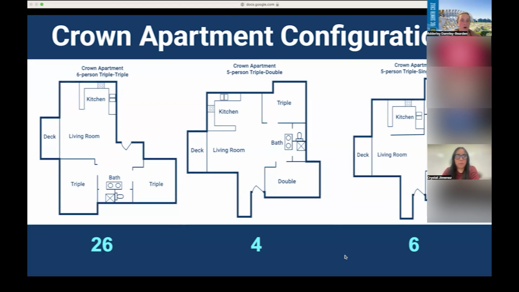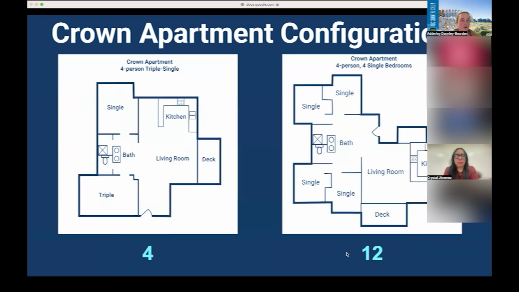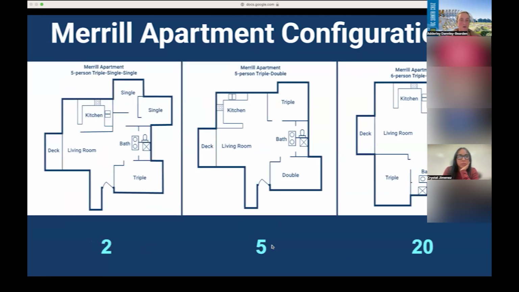These are some of the Crown apartments, including the 6-person apartments, 5-person, and there's also a 4-person apartment, and we have 4 of those, and a 4-person apartment, and we have 12 of those. That is for Crown, and then we can move along to Merrill.